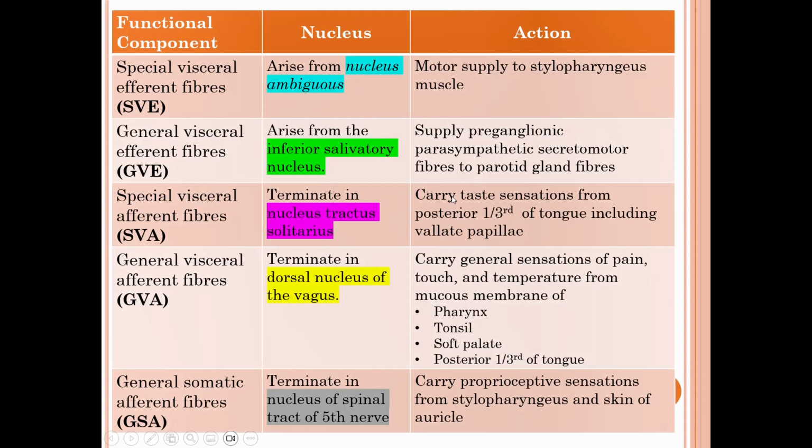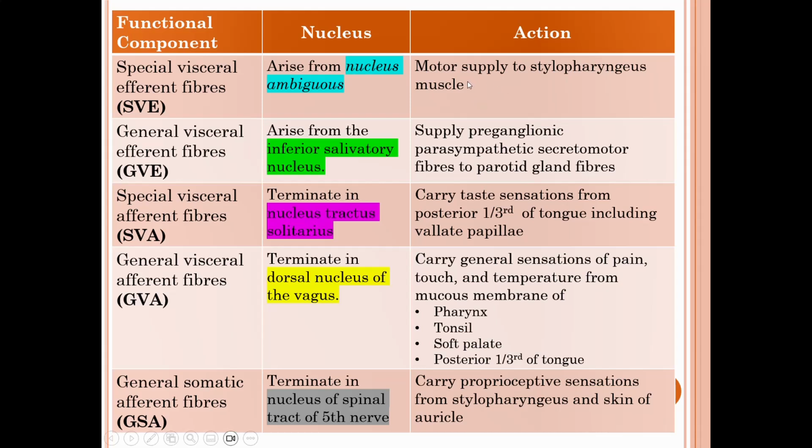What are the functional components? It has a special visceral efferent component, that is arising from nucleus ambiguus. Special visceral efferent, that means it is the nerve of the third pharyngeal arch.